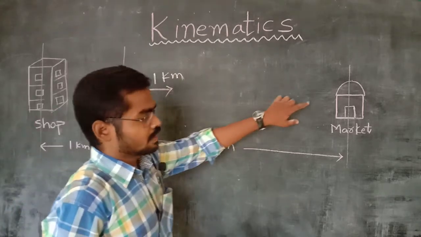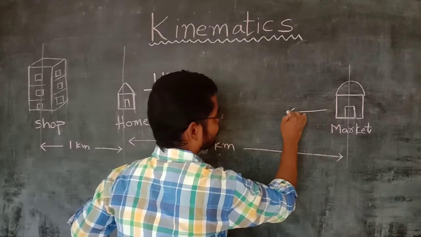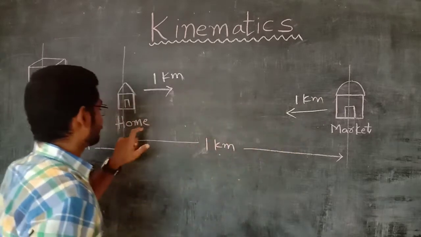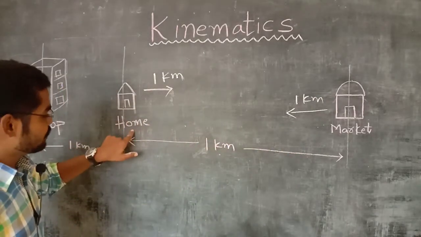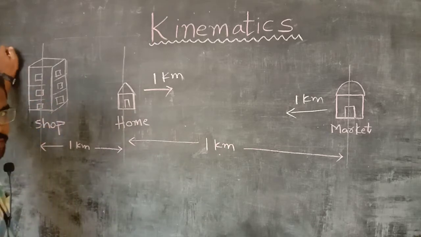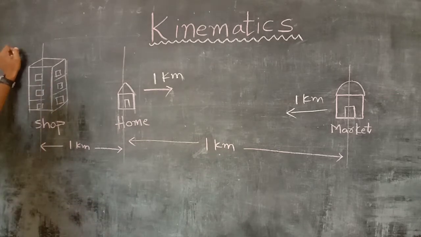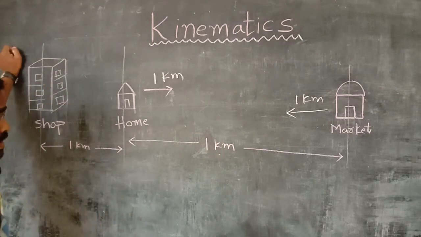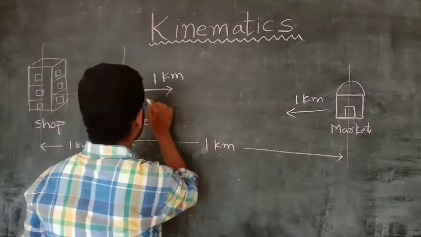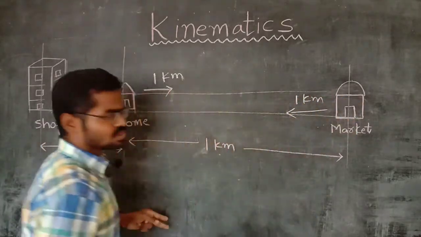And on seeing that the market is closed, he will turn back, and this time he will not come to his home. He will travel from his home to a shop, Reliance Mart or any mart, which is situated in this direction of his house. And here I am assuming this road is a straight road. There are no turnings in the way. He is moving on a straight road.